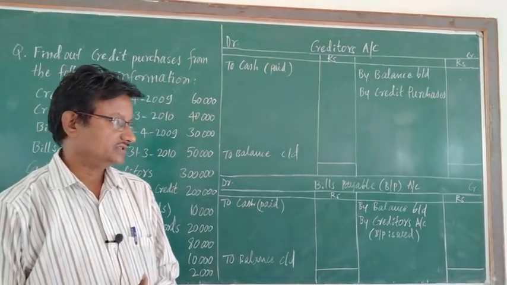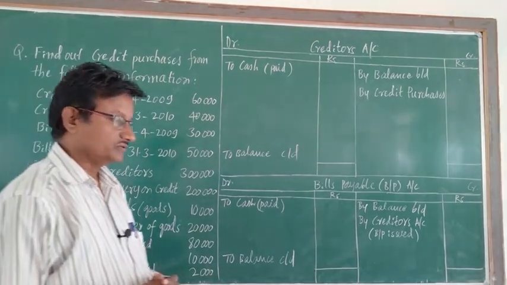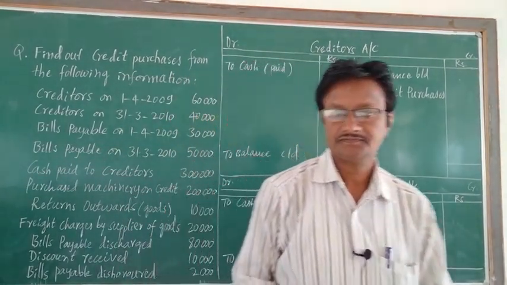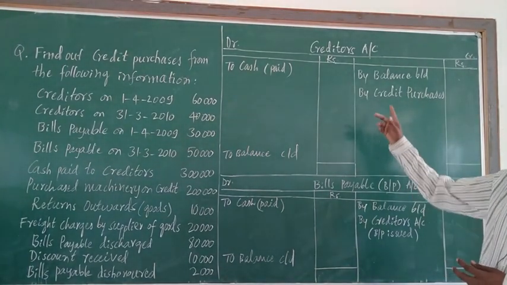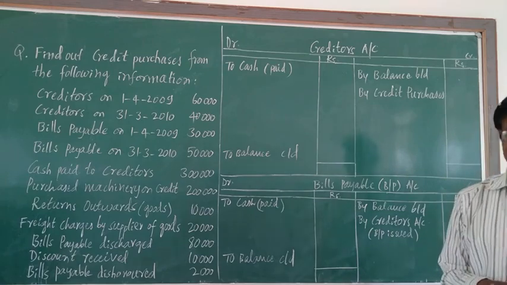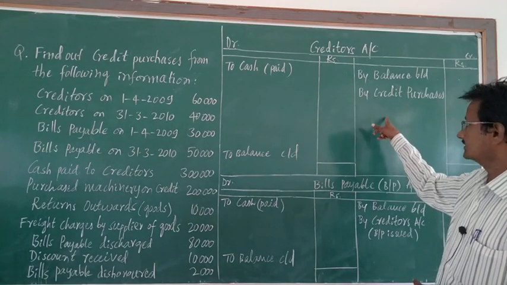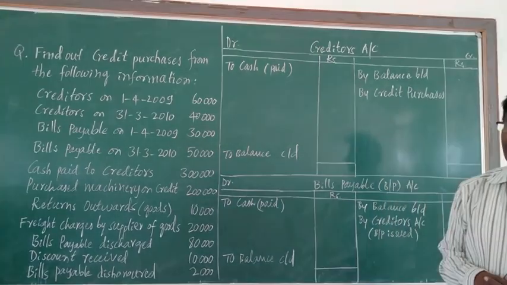Here is a problem. As regards creditors account, the other item which may appear on the credit side is only one, that is bills payable dishonored.